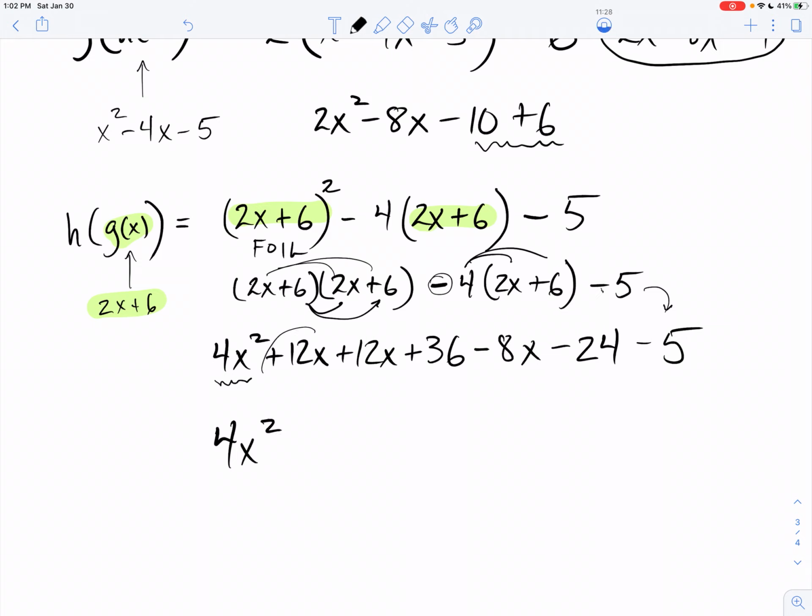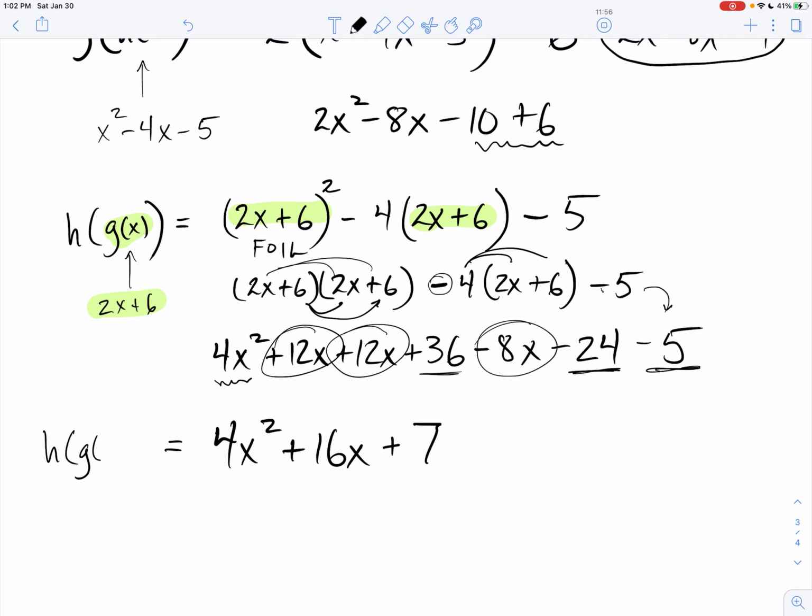Let's combine terms. I got 12 plus 12 more, take away 8 of them. So that's what? 24. Take away 8, I have 16 x's. And then 36 minus 24 minus 5 more. So 36, take away 24, take away 5 is 7. This guy right here has a name. The name, h of g of x. That's the name.